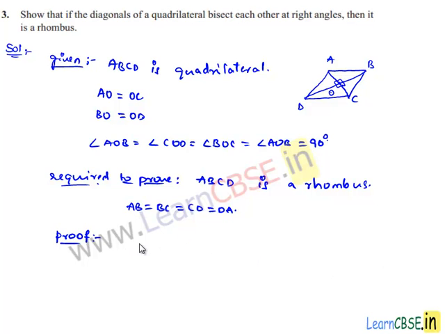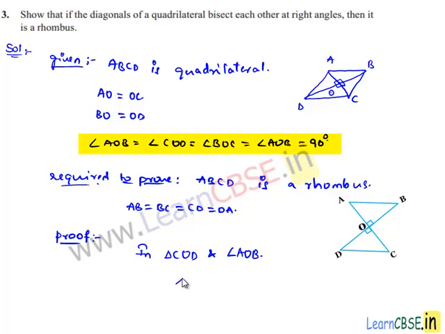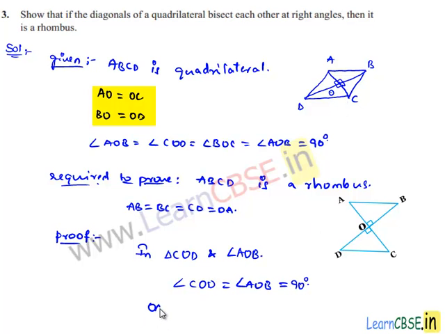Now in order to prove this, let us consider two triangles, triangle COD and triangle AOB. In these two triangles we can say angle COD is equal to angle AOB is equal to 90 degrees, which is given, and OA is equal to OC as the diagonals bisect each other perpendicularly, and also OB is equal to OD from the given.